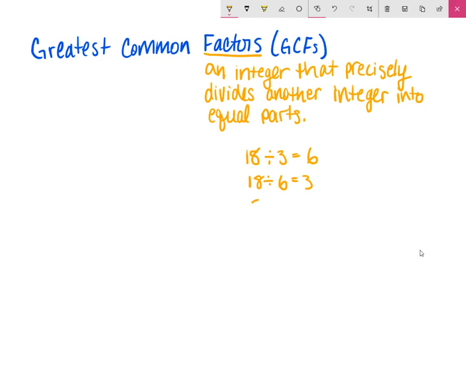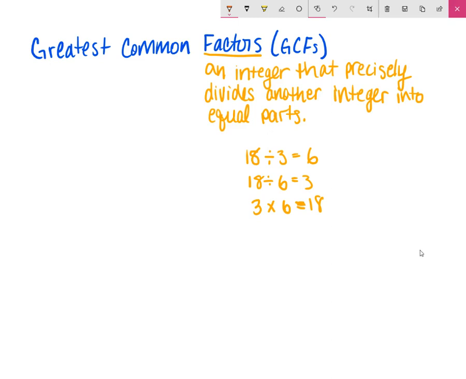And when we do the reverse multiplication, 3 times 6 equals 18. So we're able to see the factors here in multiplication equaling 18. One thing we need to note is that when we are finding factors of a number, they have to be integers.